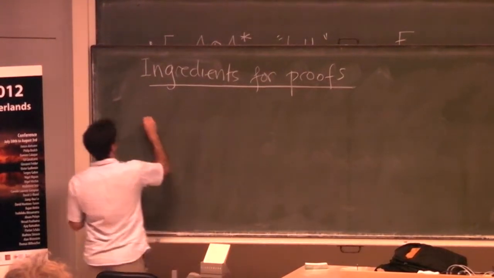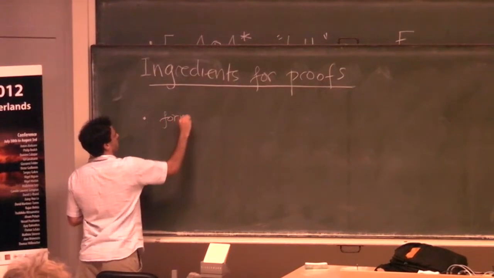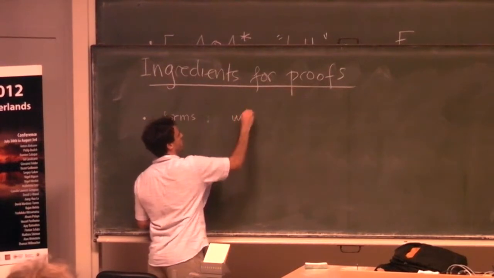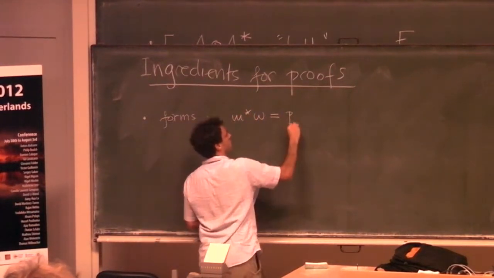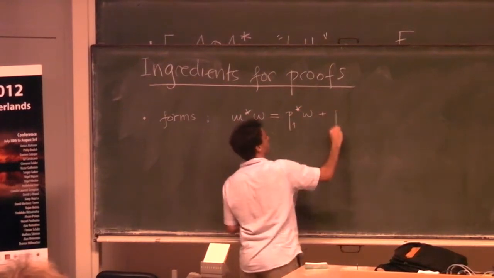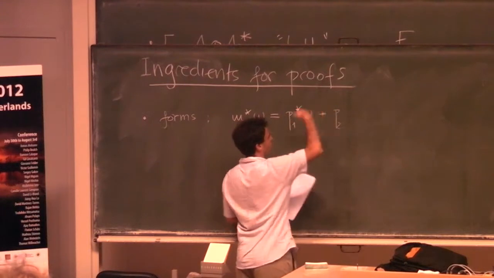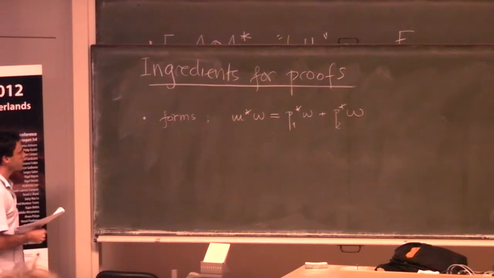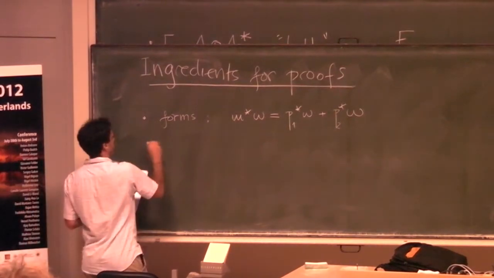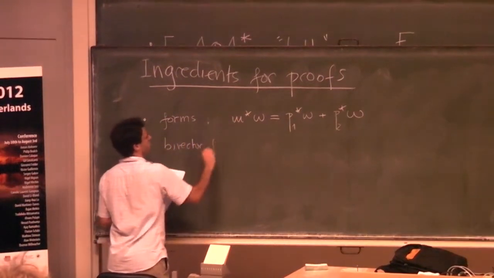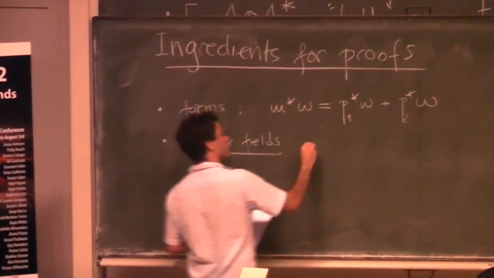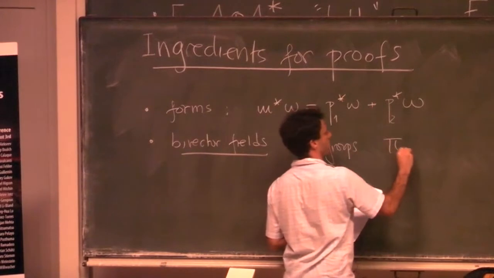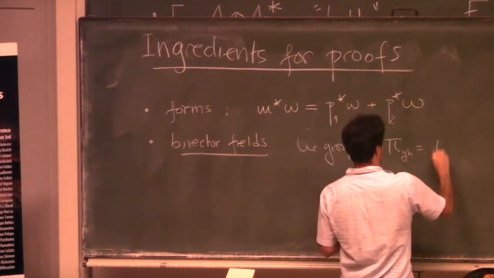So let me just remind you that for forms, we had a nice equation for what multiplicativity was, and I'll talk more about this equation tomorrow when I talk about forms in general, it even has some kind of cohomological meaning. There was an equation like this. And for bivector fields, in the case of Lie groups, there was also some kind of equation that you could write, which was equivalent, something like this.